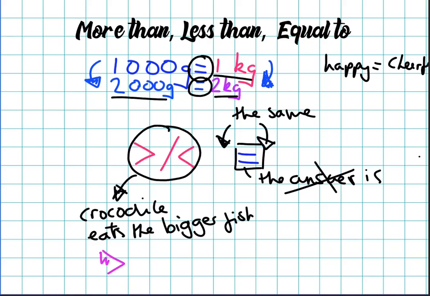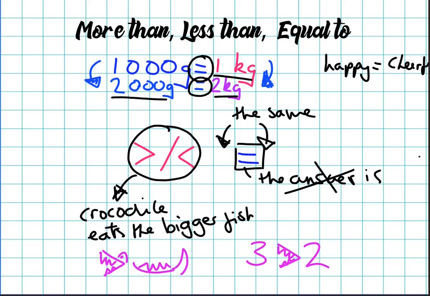If I added some teeth to it, you could easily imagine that was a little crocodile. And also because it helps you to remember that the mouth of the crocodile is going to eat the bigger fish, so it's always going to be open towards a bigger number. So for example, 3 and 2, the crocodile is going to eat 3 because that is the bigger number. That means 3 is greater than, 3 is more than 2.